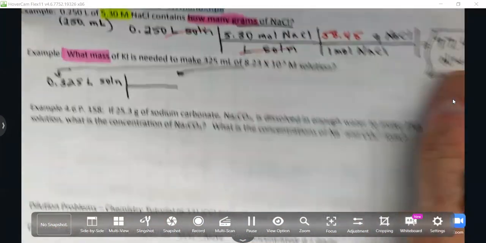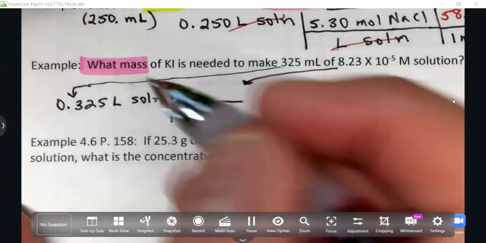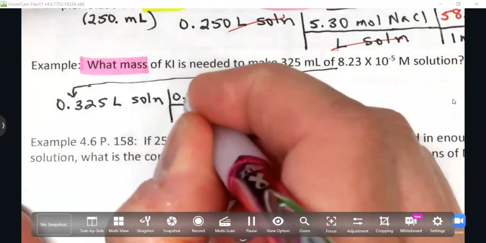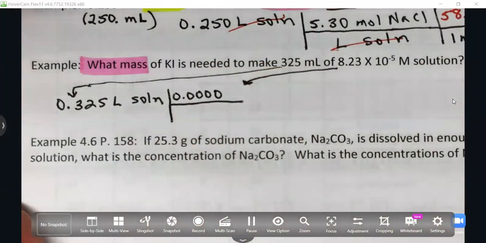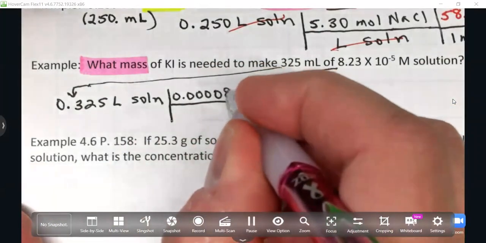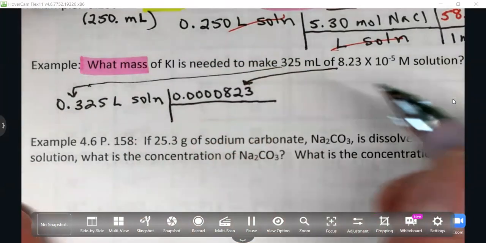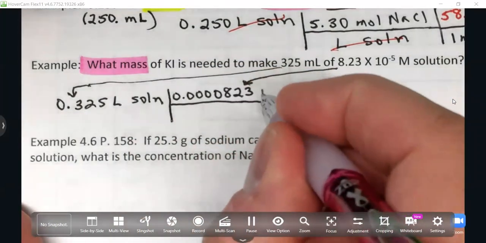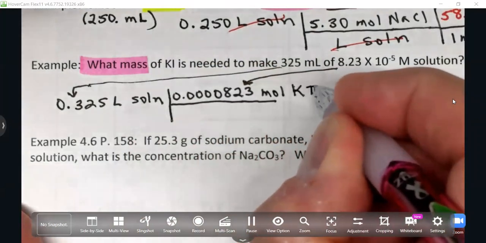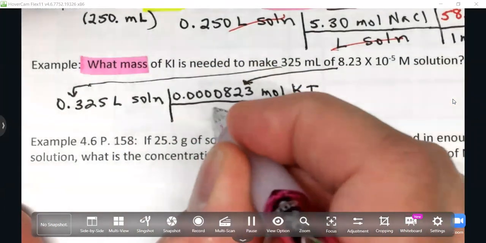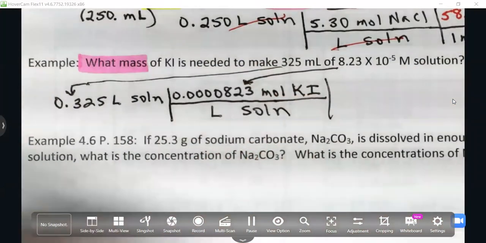But let's take that out of scientific notation. So if we take that out of scientific notation, 0.0000823 mole of KI per liter of solution.